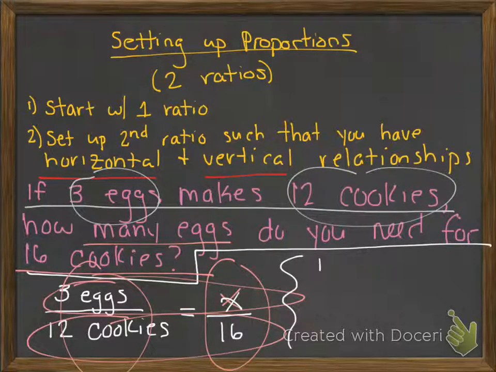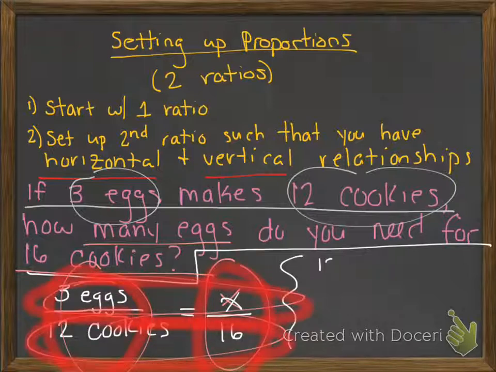All right, now, I think y'all can read it. So here, 3 and X are both eggs. 12 and 16 are both cookies. 3 eggs make 12 cookies, and blank eggs make 16 cookies. Now I can also set it up like this, because here I got my cookies, here I got my eggs.